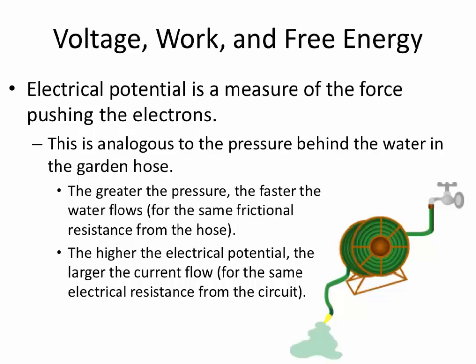If we have greater water pressure here at our spigot, then the water is going to flow faster through our hose and come out the other end faster. Assuming, of course, that we have the same frictional resistance from the inside of this hose. Likewise, the higher the electrical potential, the larger the current flow for the same electrical resistance from the circuit.